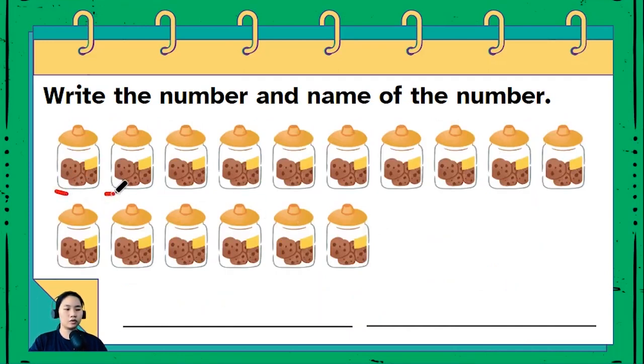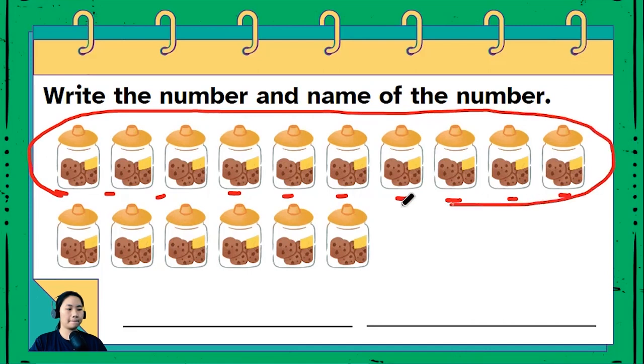1, 2, 3, 4, 5, 6, 7, 8, 9, 10. We circle this group of 10. Let's continue. 1, 2, 3, 4, 5, 6.